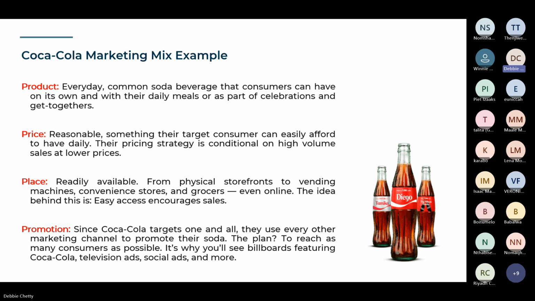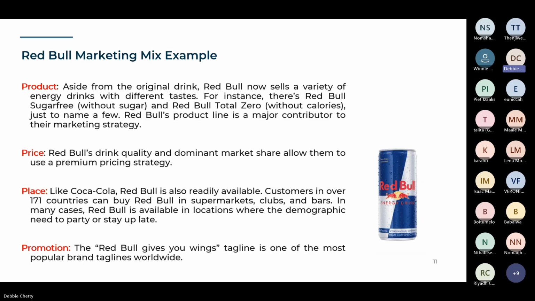They are everywhere because they want to reach as many customers as possible, especially with competitors in the same industry. They want to still be number one, still be at the front, so they continuously market their products in order to stay above competitors.